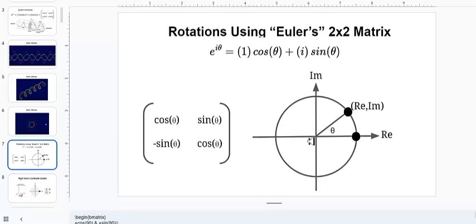I want to remind you that in the 2x2 matrix version of Euler's formula, the real is on the forward diagonal and has the same sense, and the imaginary component is on the backward diagonal and has the opposite sense.